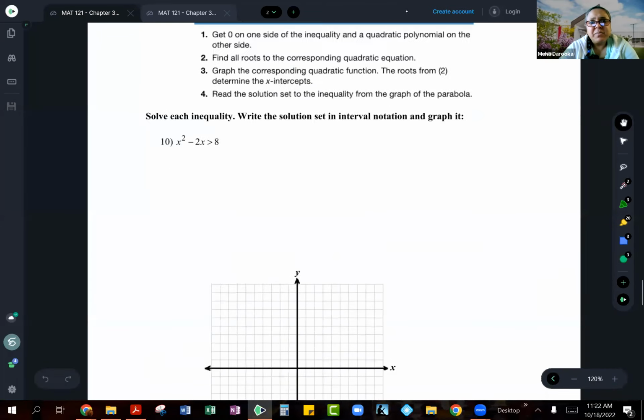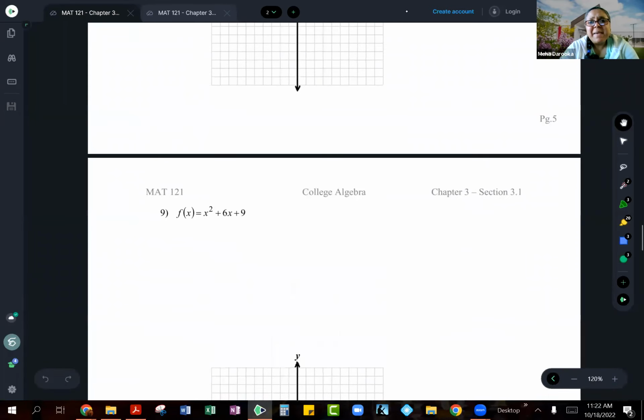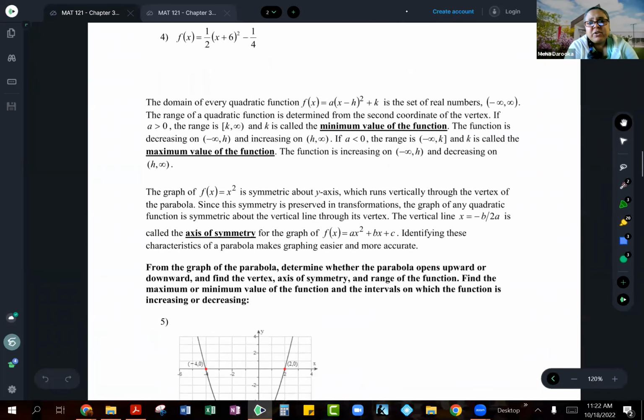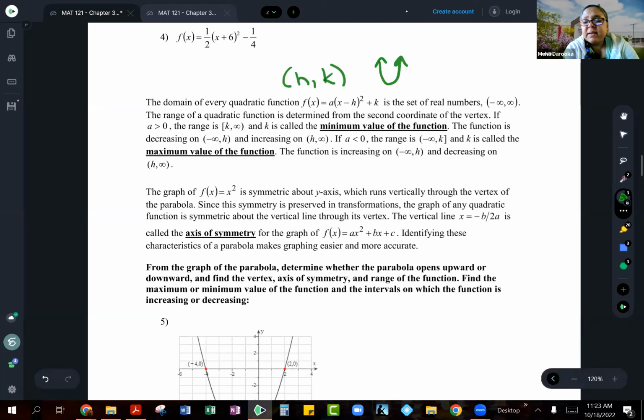So just to refresh your memory on that, once you find the vertex of your parabola, you know that k value ends up becoming your maximum or minimum. So remember, your vertex is going to be at h comma k. If your parabola is opening upwards, then your k value will become the minimum on your function.